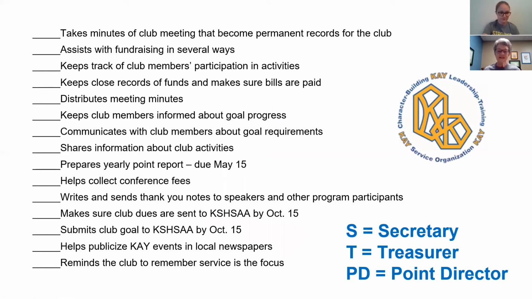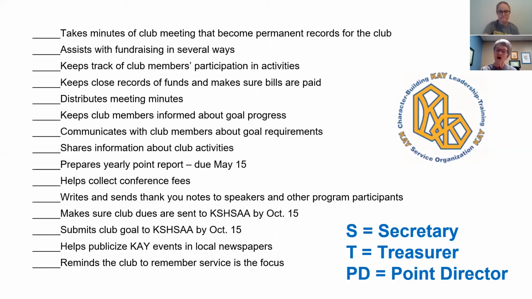So if you've printed out the handout for this session, you'll recognize that this is the first page of the handout. If you haven't printed it, that's okay. What we'd like for you to do is to do a little bit of thinking, and if you're having the opportunity to watch this with some of your board members or some fellow club members, have an opportunity to talk. So what we want you to do is to pause your video for a little bit. We want you to read each of these statements. They're the same ones that are on the first page of the handout.